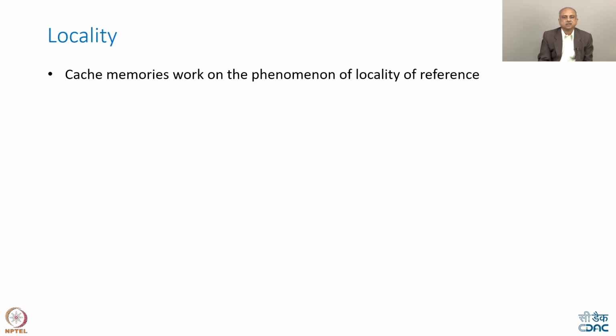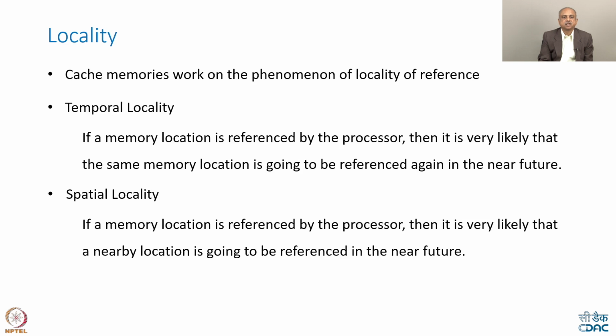Now, let us see how the principle of locality is implemented by the cache. We have said that the principle of locality is observed, and this is what the cache takes advantage of. Let us see how temporal and spatial locality are handled by the cache memory. It works on the fact that if a memory location is accessed by the processor, then the same location will be accessed by the CPU next time as well.